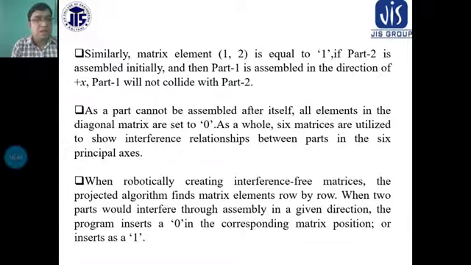Another thing is that when two parts would interfere through assembly in a given direction, the program inserts a 0 in the corresponding matrix position, or otherwise inserts a 1.